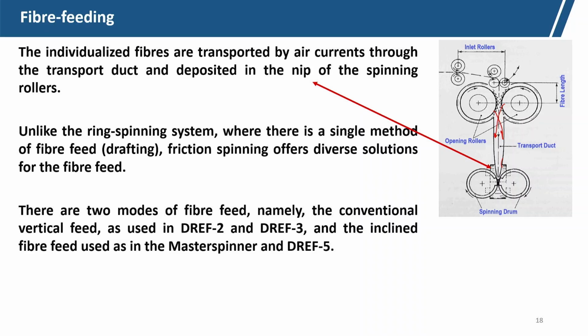There are two models which we have already discussed, Dref 2 and Dref 3, which feed the fibers vertically on this nip, and Dref 5 feeds the fiber in inclined fashion.